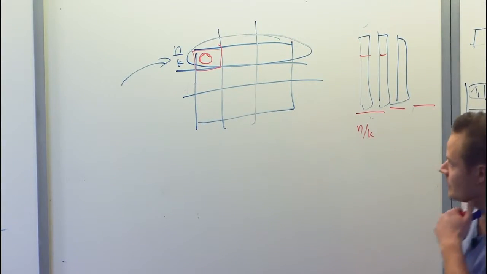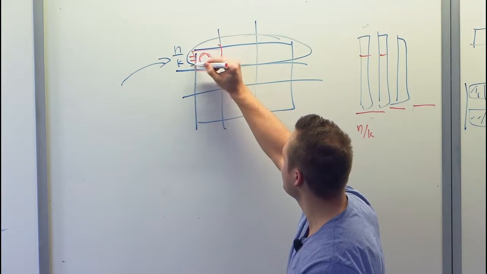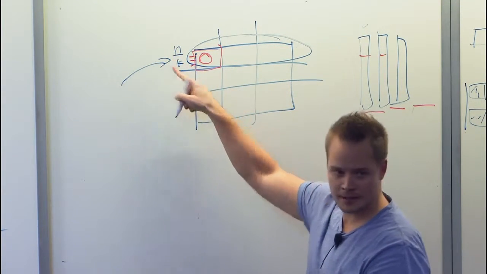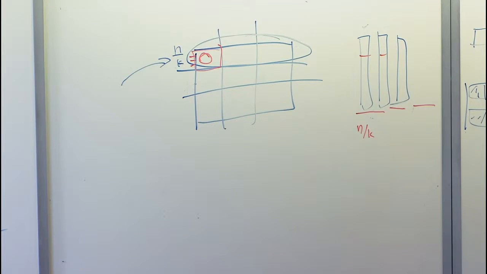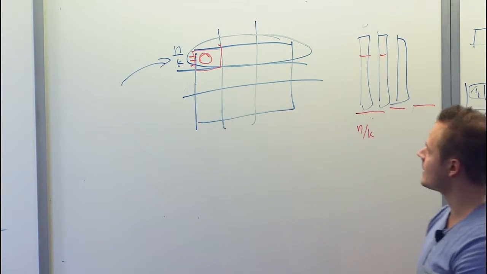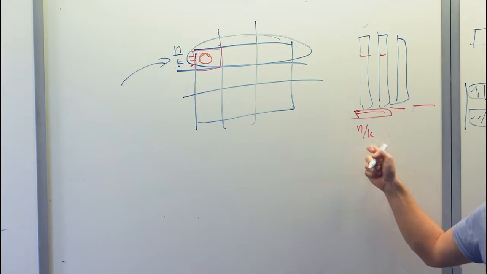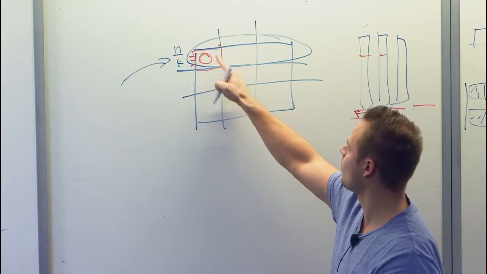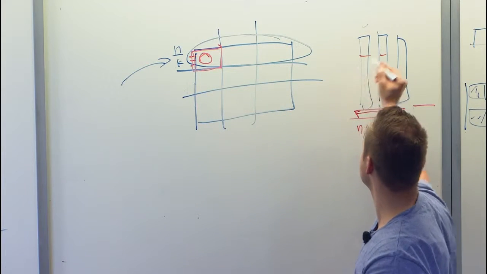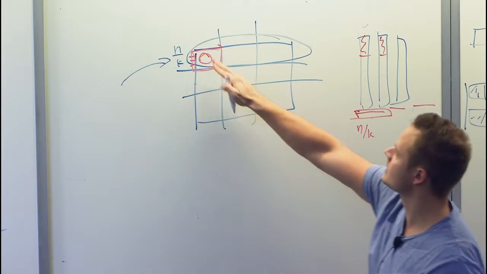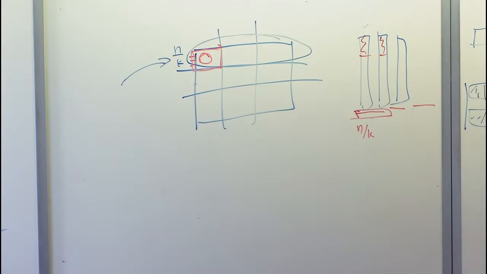You want to figure out which of these n over k inner products are 1. Say you have the first batch of n over k vectors; you want to figure out which of the inner products are 1 when you just look at this submatrix.